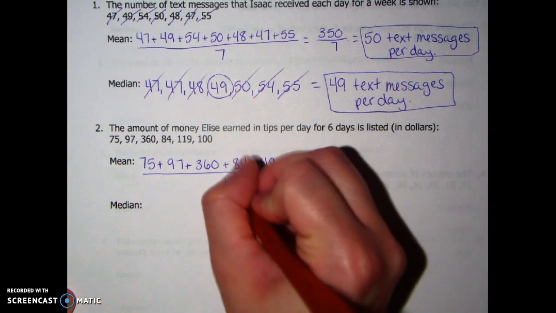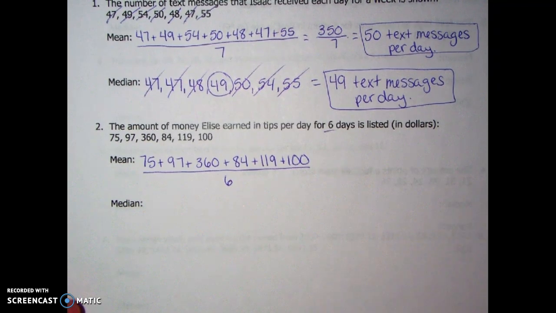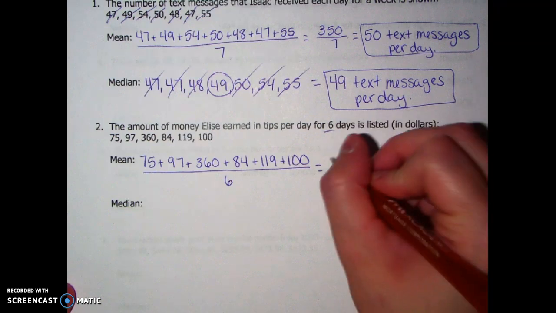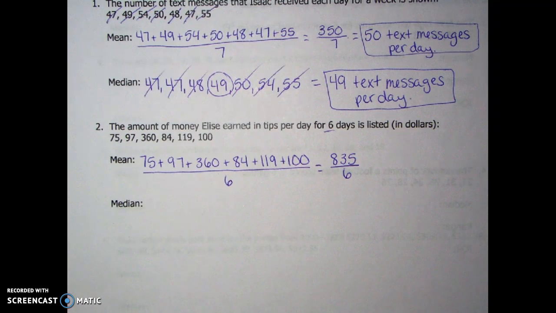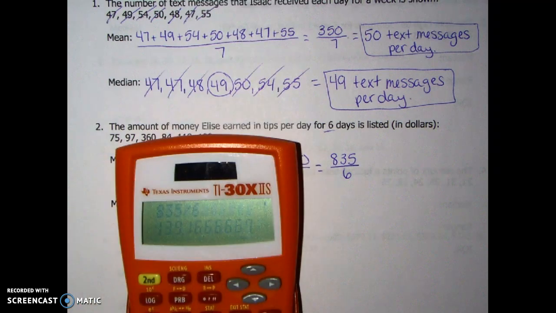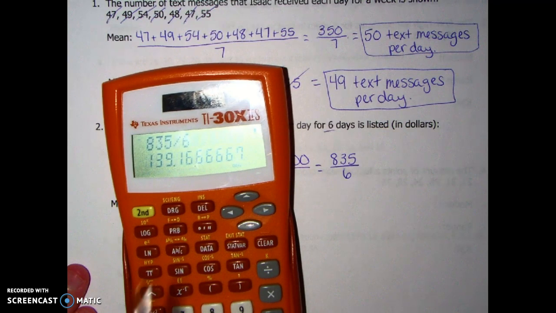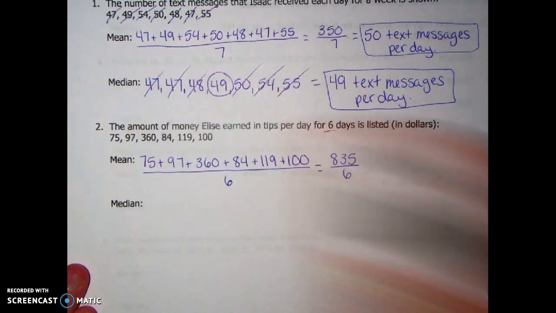And we should know that's 6 already because it's the tips for 6 days. Okay, when I add all of this up, I get 835. And on your calculator, 835 divided by 6 is that lovely decimal right there. And so it's a dollar amount, so I'm going to say $139.17.